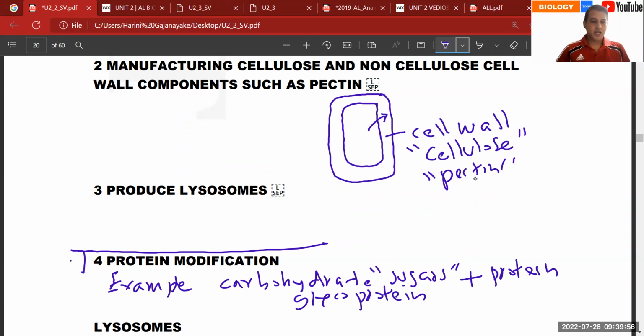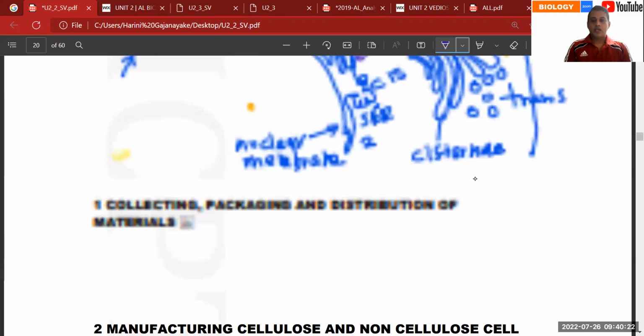We make a star here, something extra in orange. So protein modification is one of the important functions of the Golgi, and it's not there. So we add that one here and make a star to indicate, okay, keep it, you can park it somewhere, but still you can remember it modifies the proteins. Good.